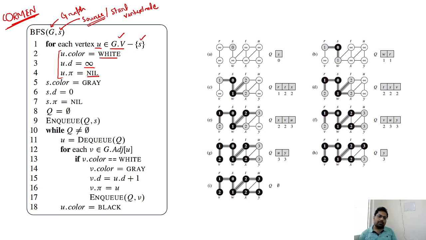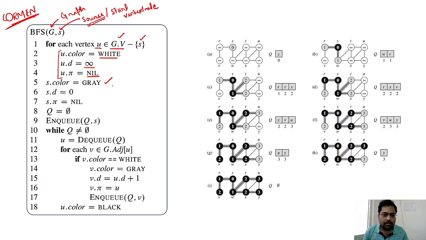This is how we have to remember: first u.color, then d, then the pi, which is the predecessor, the previous connected vertex. We can find the previous connected vertex if we visit it. So excluding the source, everything has not yet been visited, so it remains nil.